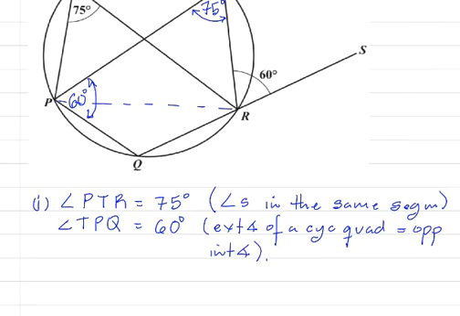The third and final angle we're asked to find is obtuse angle POR, where O is the center of the circle.